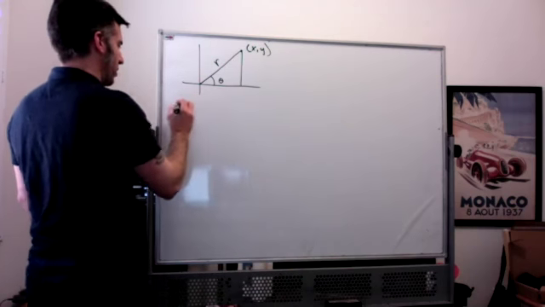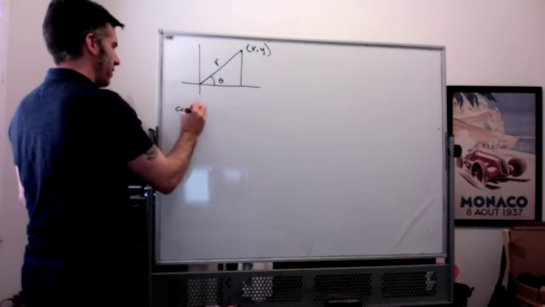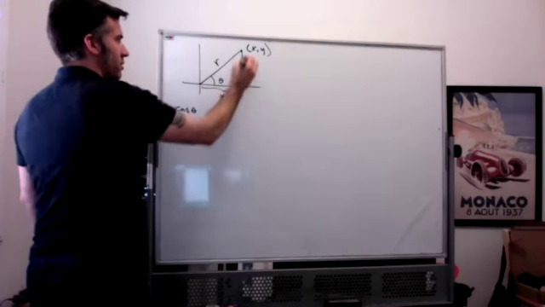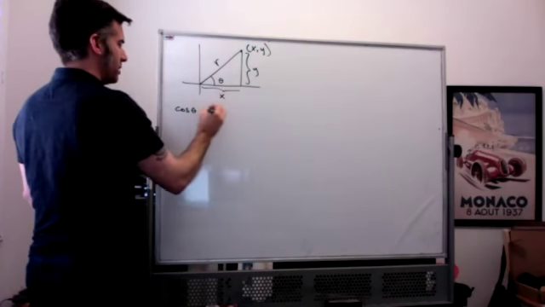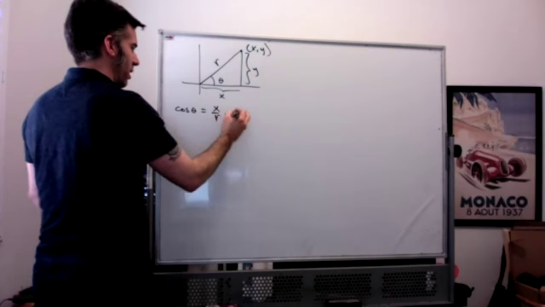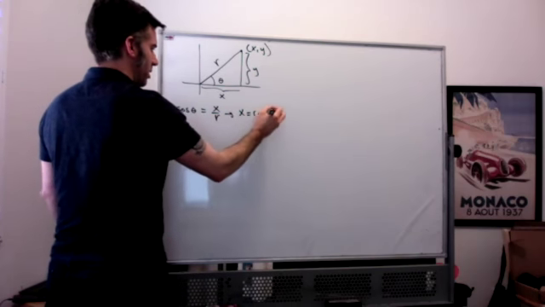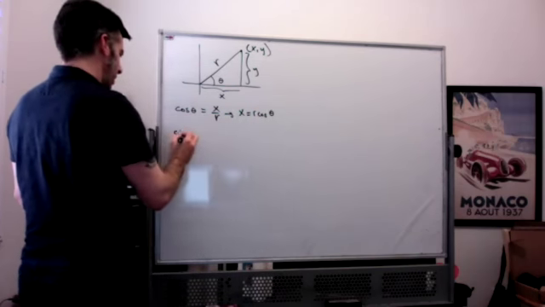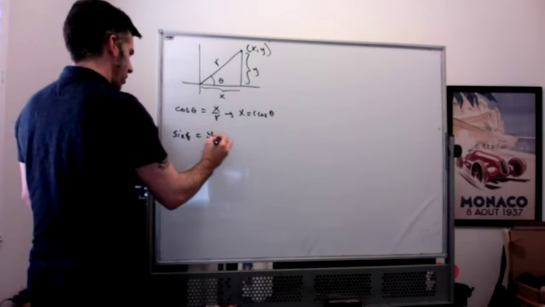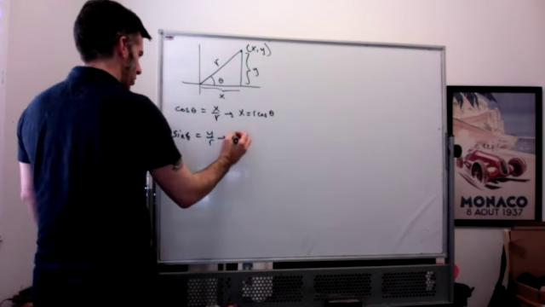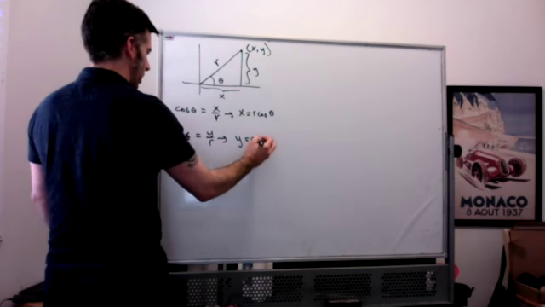So we know that cosine of theta is x over r, so that x equals r cosine theta, and sine of theta is y over r, so that y equals r sine theta.